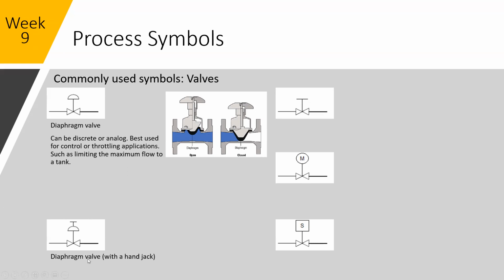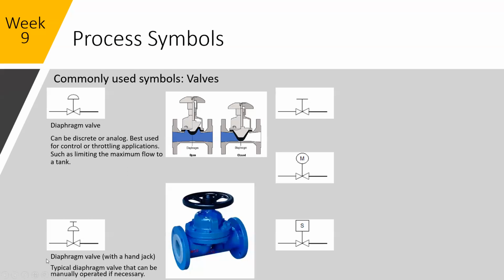This is a diaphragm valve with a hand jack. That's really just an indication: when you see a valve with one of these T's, it could also be manually opened or closed. This is a diaphragm valve with a wheel on the top, where this one may or may not actually have a wheel.